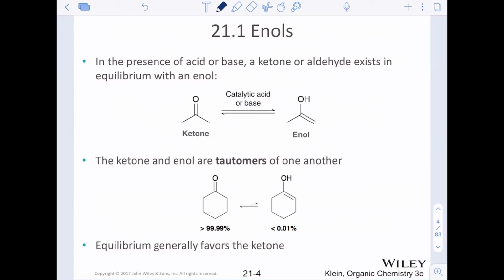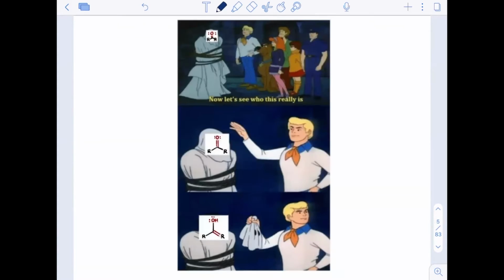This is typically more stable on the ketone side, due to the carbon-oxygen double bond being more stable than the carbon-carbon double bond. However, they are in equilibrium. Both are present in a sample of ketone or aldehyde.